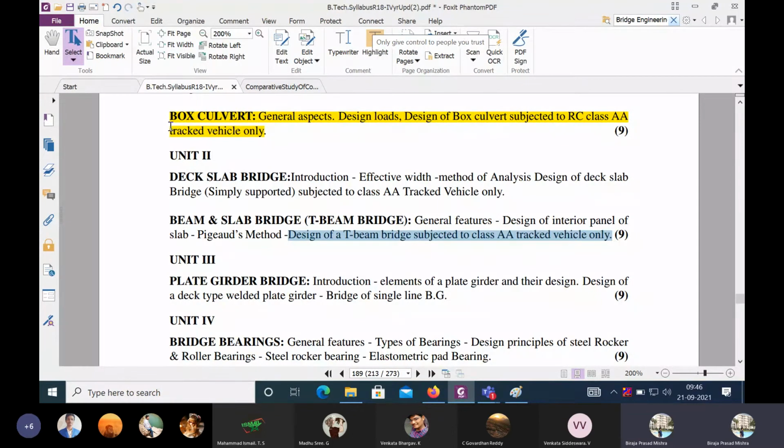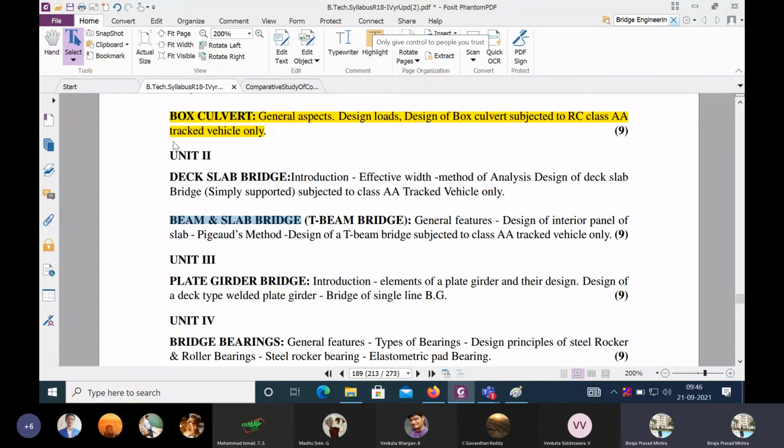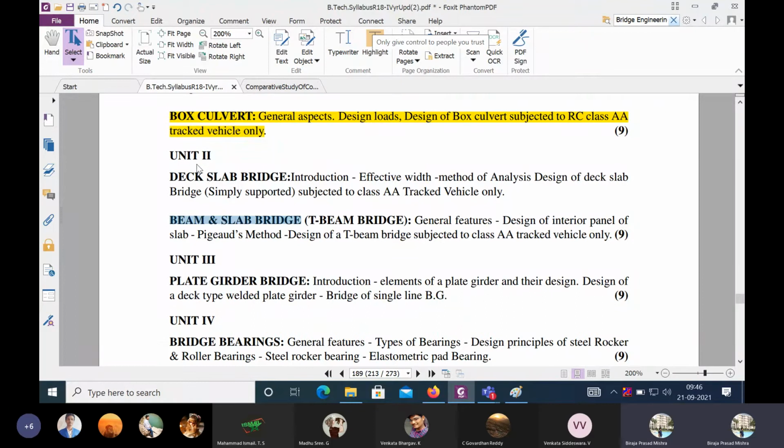If you are able to understand and do the design of a box culvert, a deck slab bridge, and a beam slab bridge, you will easily get 30 marks, no doubt about that. From all the units, definitely one question will be there for sure.